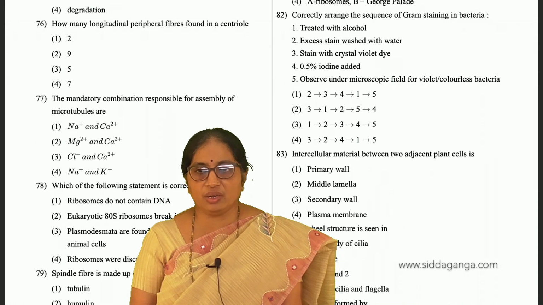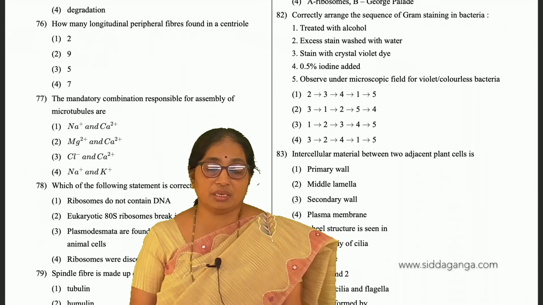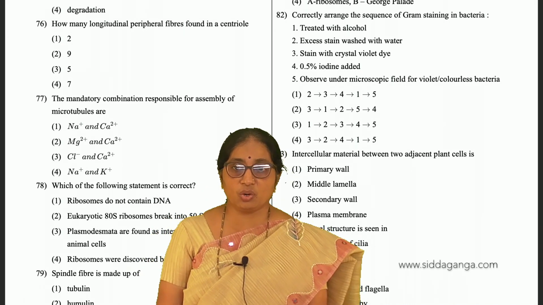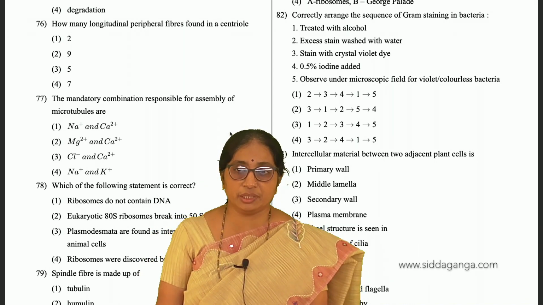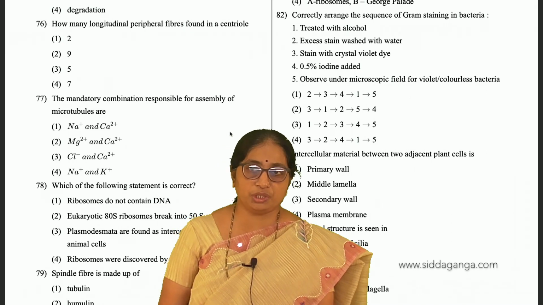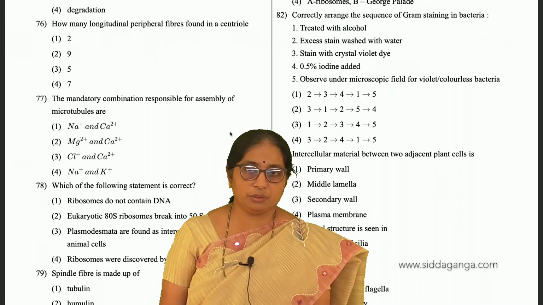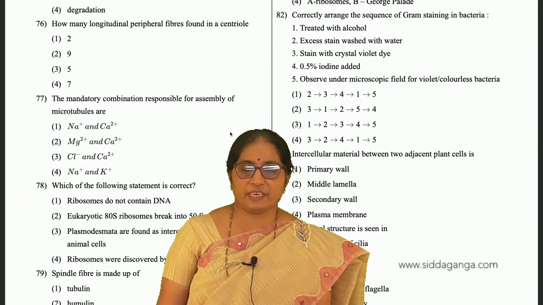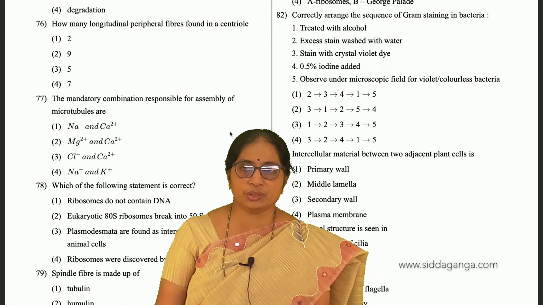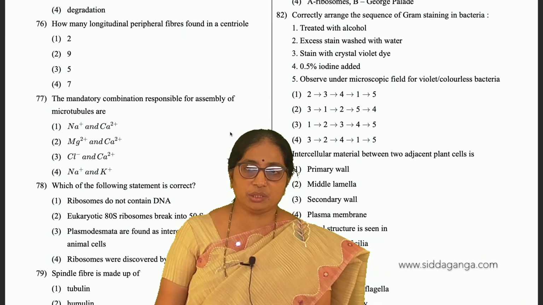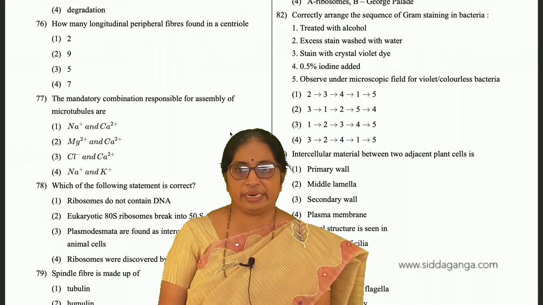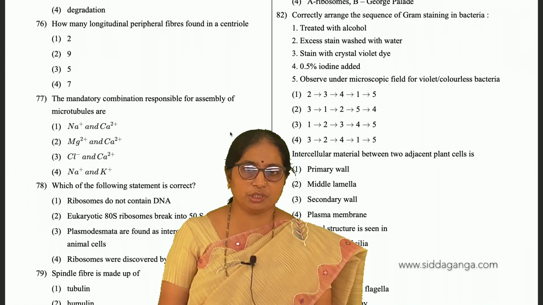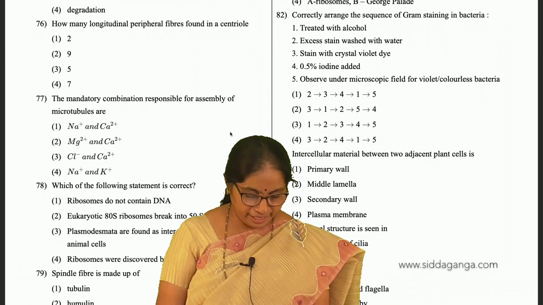If finally the bacteria become colorless, they are identified as gram negative bacteria, and if they have retained the violet color, they are considered gram positive bacteria. That is because of the thickness of the cell wall or the glycocalyx which takes the color or does not take the color. The one which takes color is called gram positive, the other is gram negative. Next question.